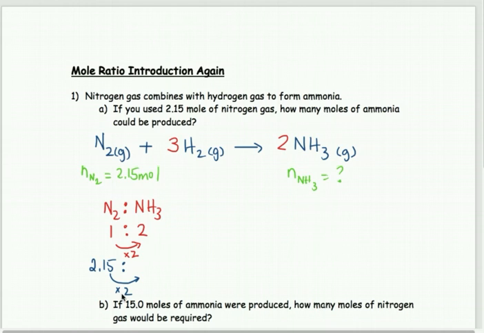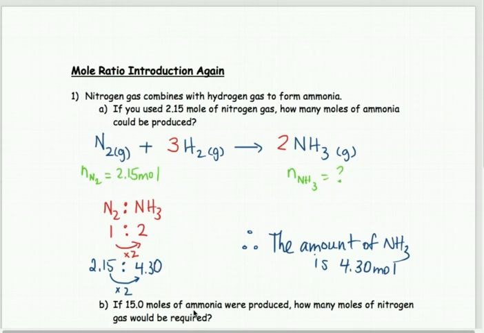Well, I multiply 2.15 times 2, and I'll get 4.3. So therefore, how many moles of ammonia will be produced? The amount of ammonia is 4.30 moles, like that. Just add another digit there. Okay, so that's what you need to do.